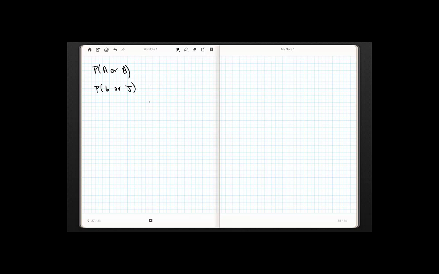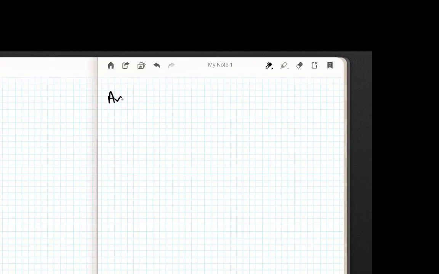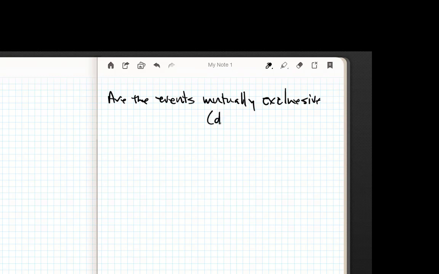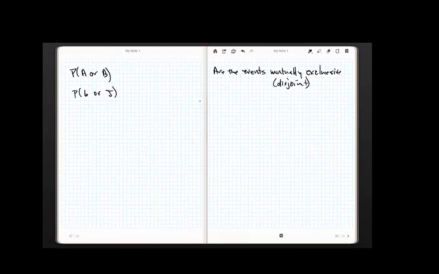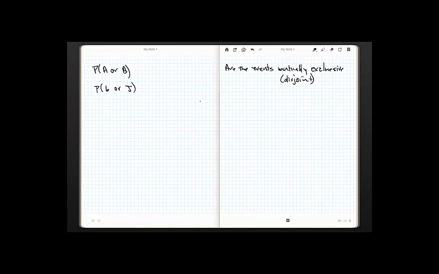Now, the most important question when you answer these types of problems is, are the events mutually exclusive? Another word for mutually exclusive is disjoint. Disjoint means they don't overlap.